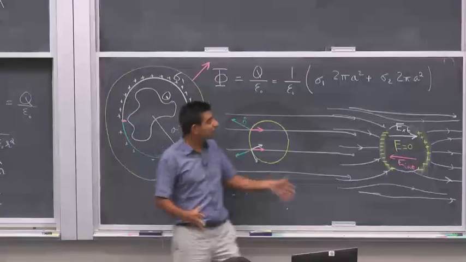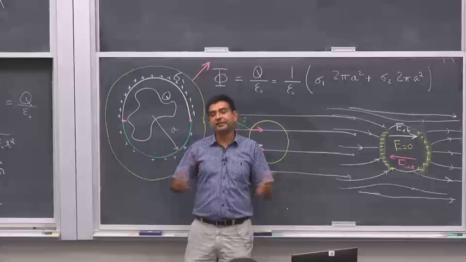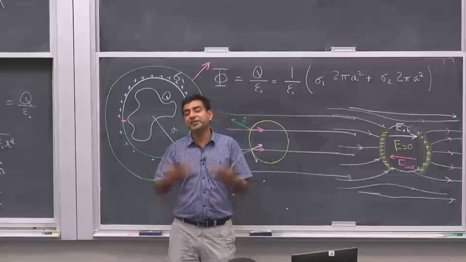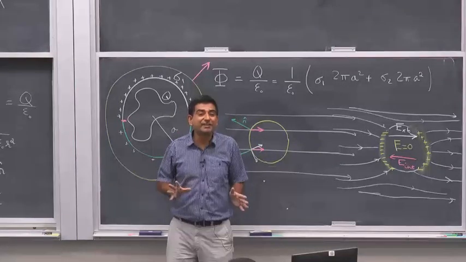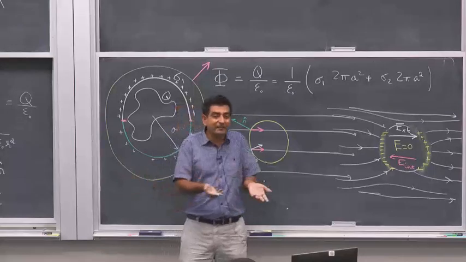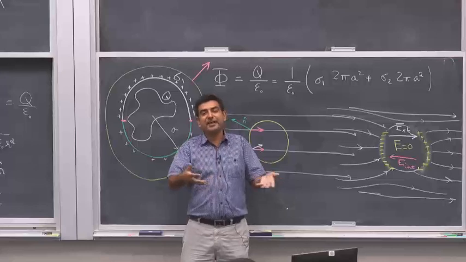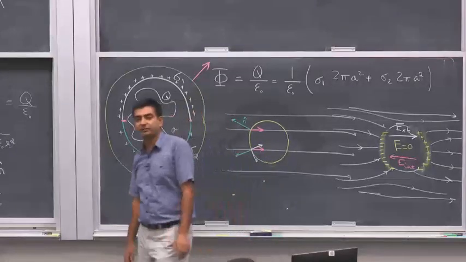The distribution of charges has taken place in such a way that the net electric field goes to zero. So initially, yes, there will be a transient electric field that will cause the charges to redistribute. The charges need some force to redistribute, and that force is given by some initial electric field that just appears at the time when this sphere is plunged into the uniform field.